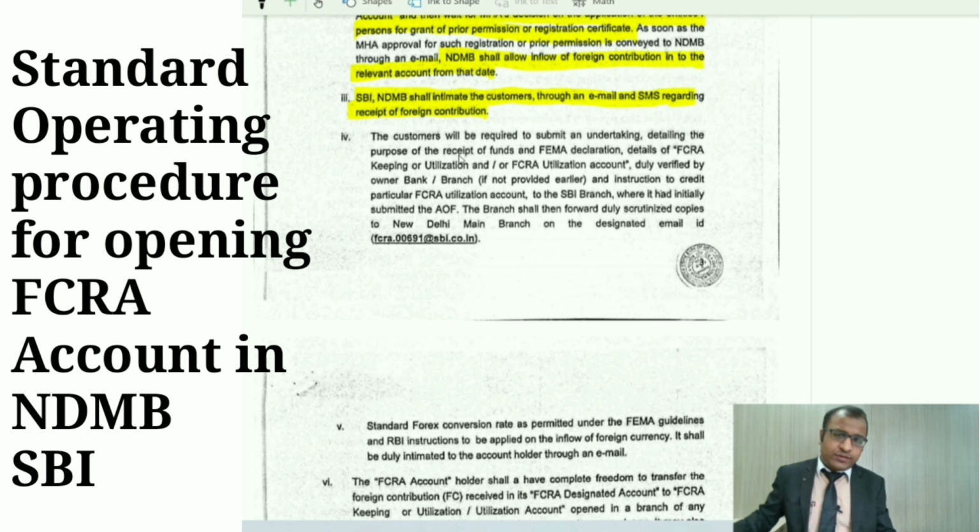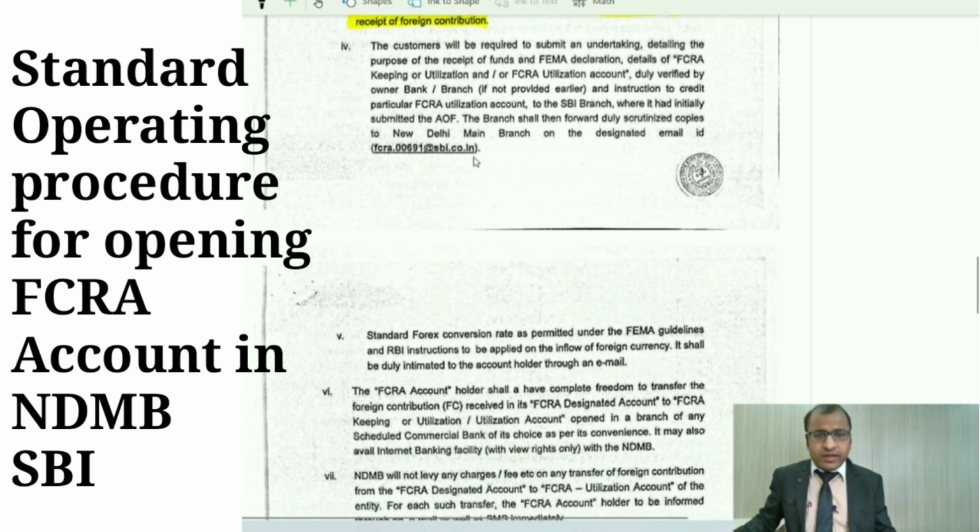Now the fourth point which is given can be a very tedious process for the FCRA registered organizations.